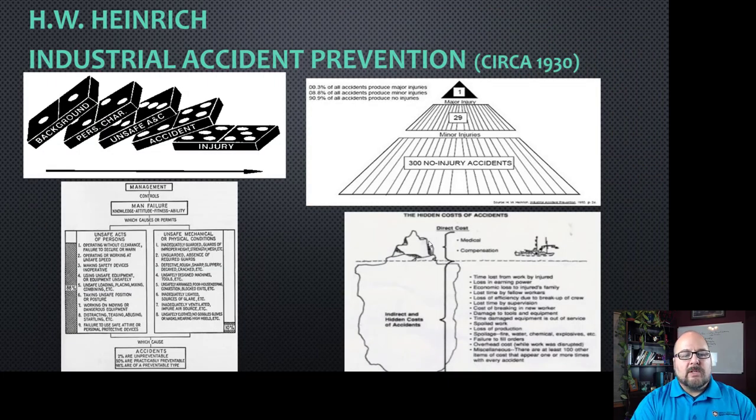So these are just 4 of the theories that H.W. Heinrich wrote about back in the late 1920s, early 1930s. The first one is the domino theory. You see the dominoes, and it's not practical, it's not pragmatic, because rarely would the things that lead up to an injury be linear and unilateral, where one domino has to hit the other.